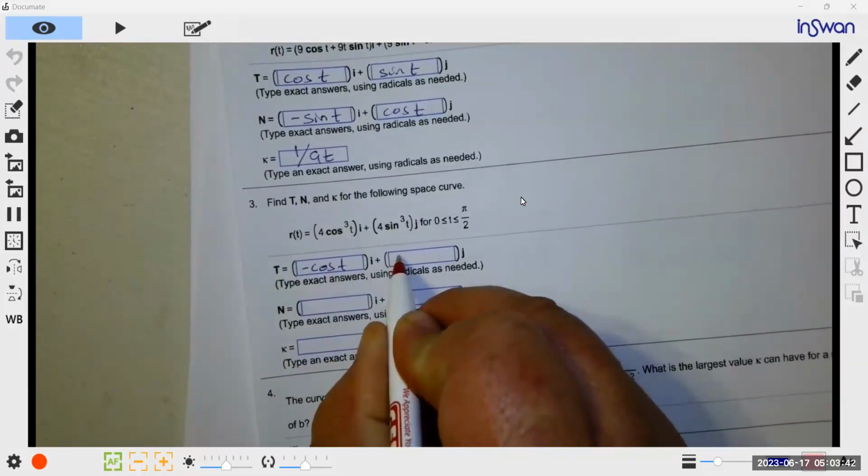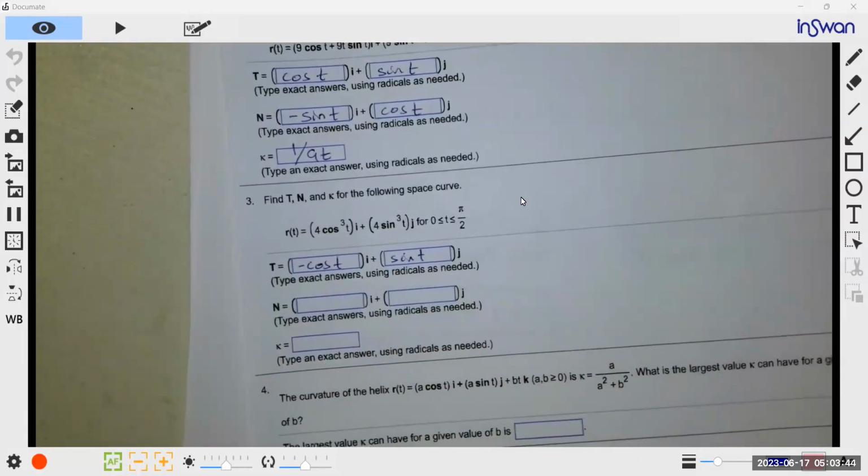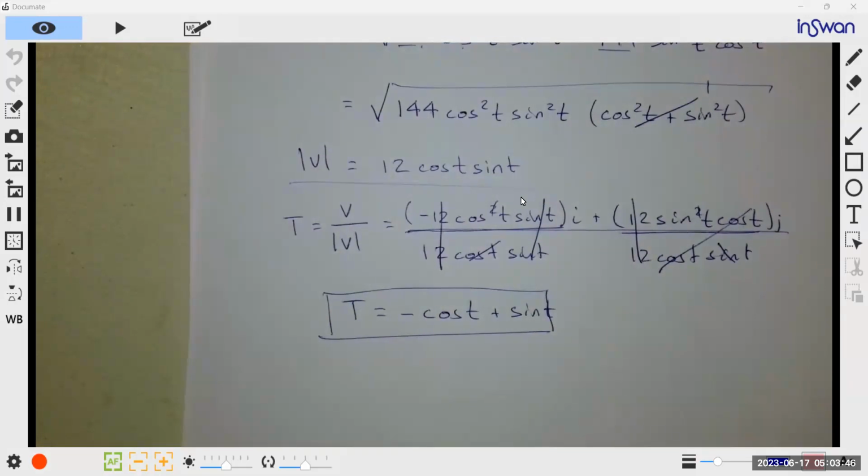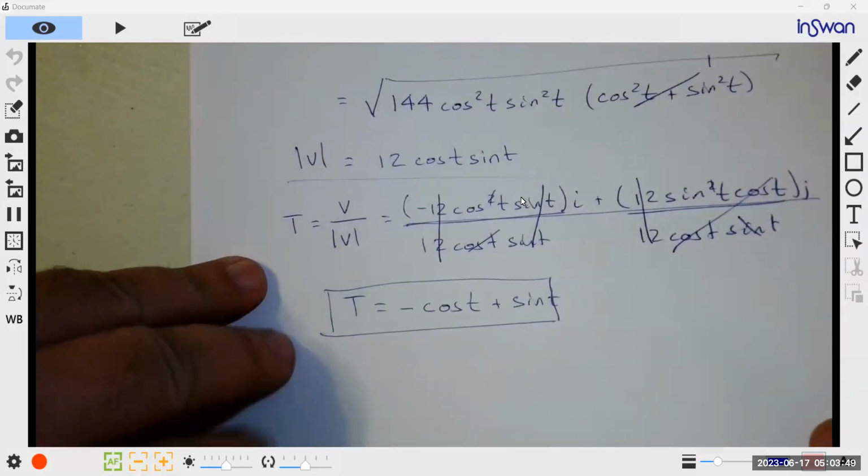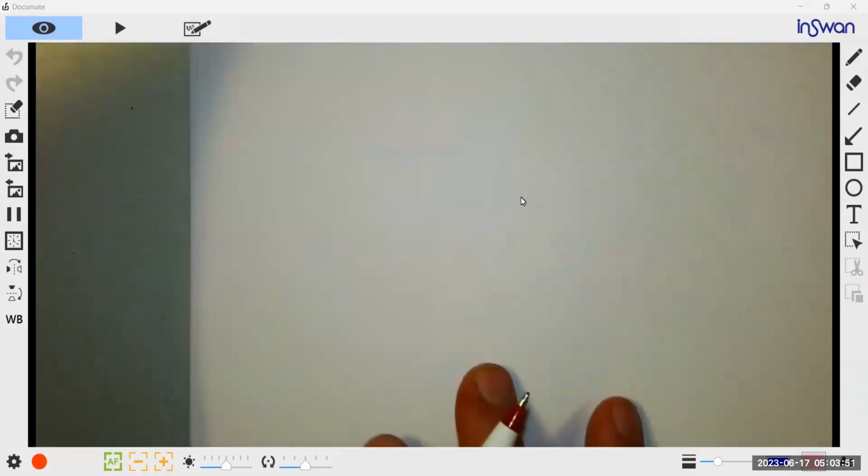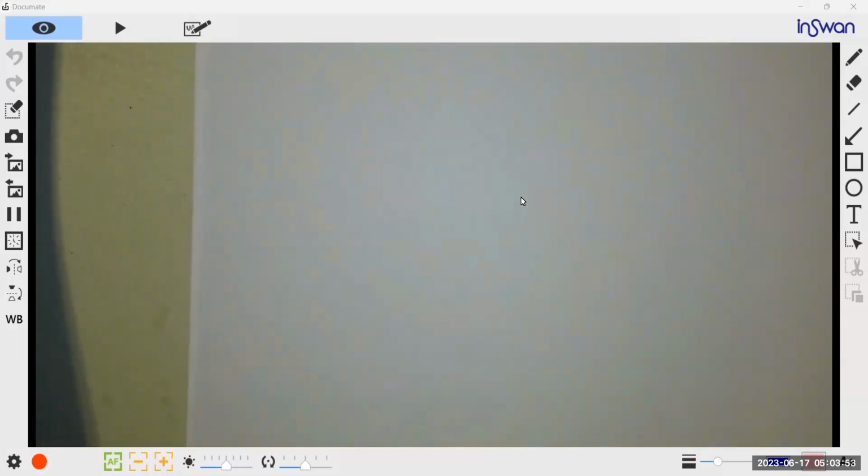Negative cosine T, sine T. Now I gotta figure out what N is. Remember the formula for N.